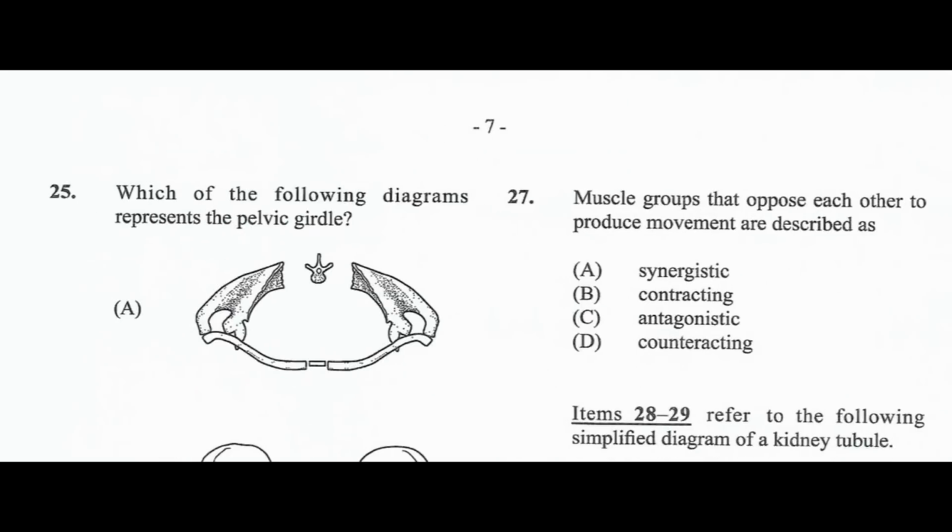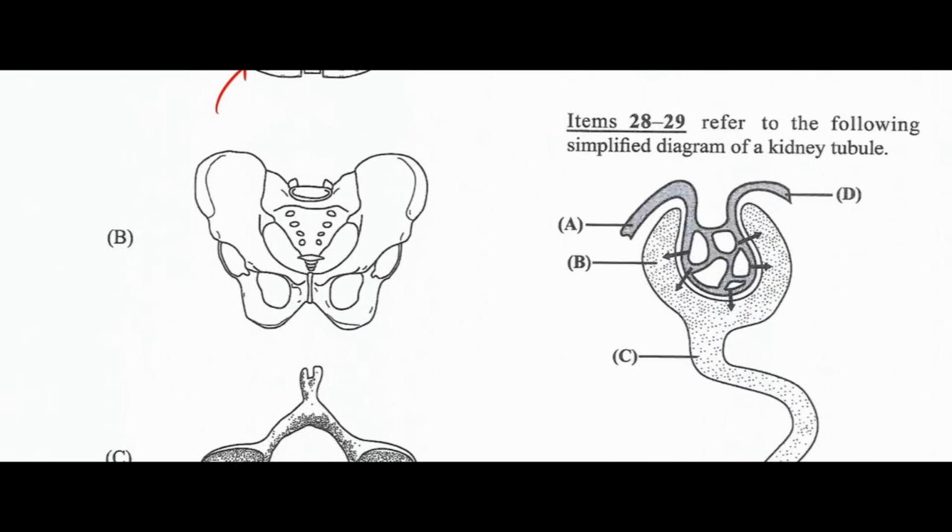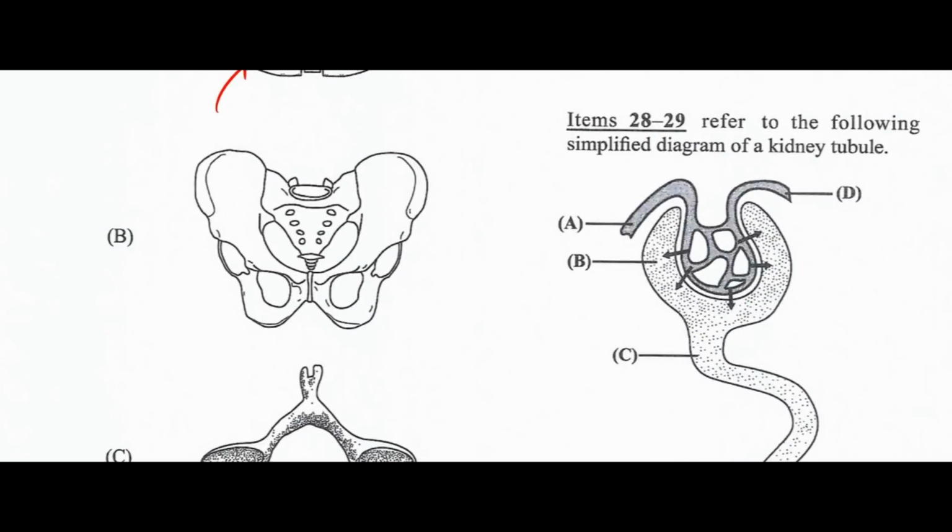So 25, which of the following diagrams represent the pelvic girdle? This here looks to me like the scapula, the clavicle, and this looks like a part of the cervical vertebra or vertebrae. Now the pelvic girdle is definitely this one here, but we can actually look at the rest.